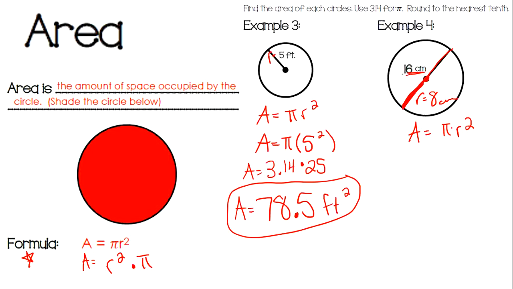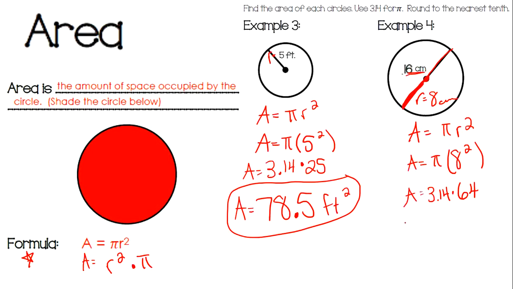And so whenever they give you the diameter, you're just going to have to cut it in half to find the radius. So the radius is 8, so A is going to be equal to pi times 8 squared. And 8 squared is 8 times 8, which is 64. So that's 64, and then we're going to take 3.14 times 64 for our area.